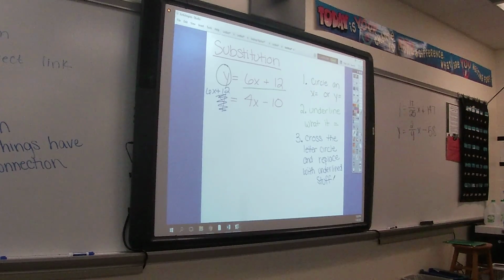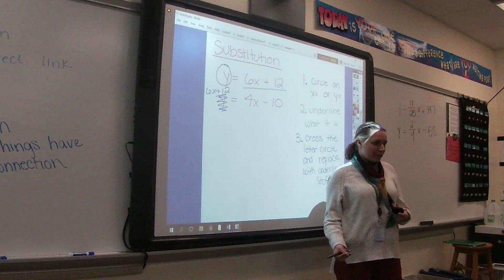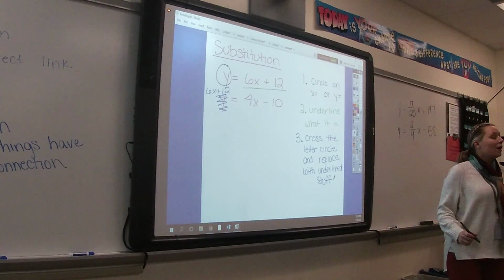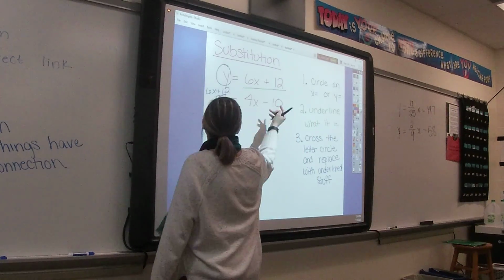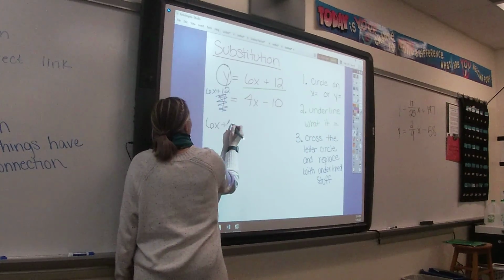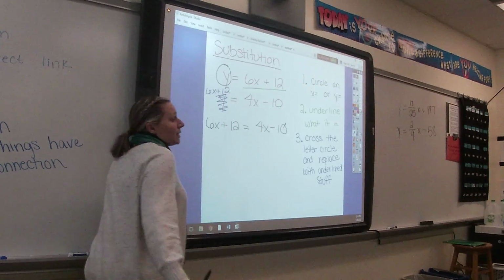Just like any place that I see $10, I could also give someone two 5s. So any place I see a y, I could also give 6x plus 12. Then once we do that, we now have a new equation. So now we see an equation that says 6x plus 12 equals 4x minus 10.